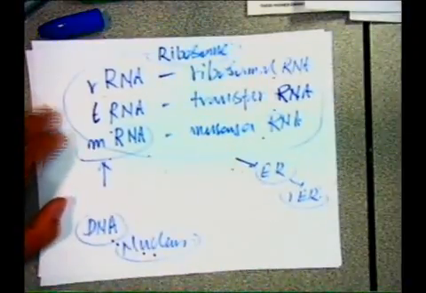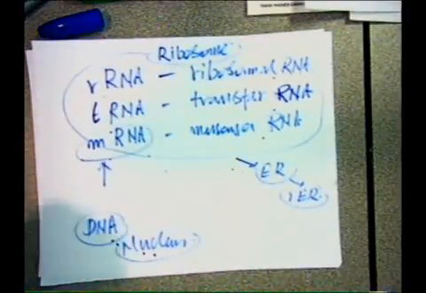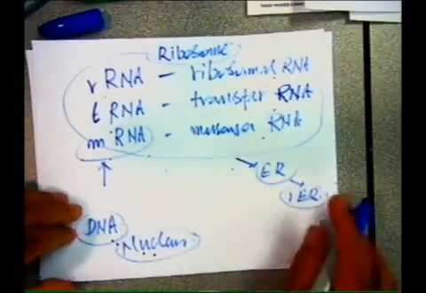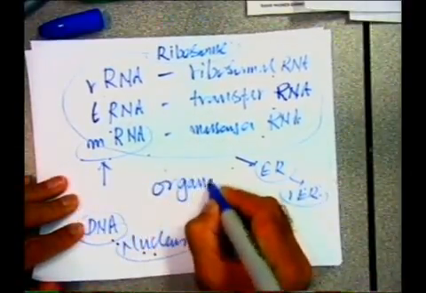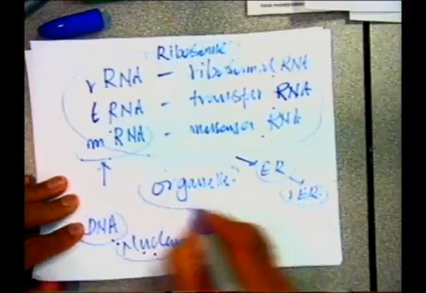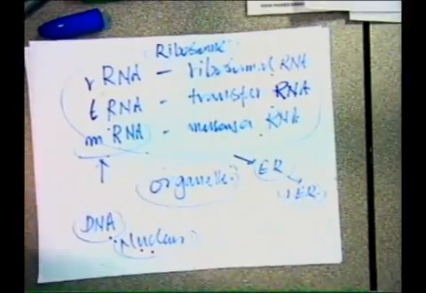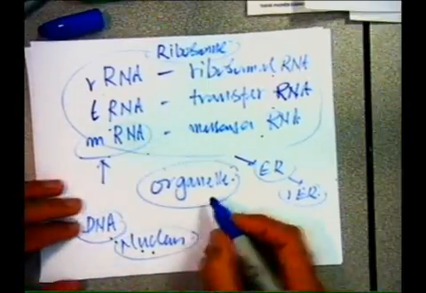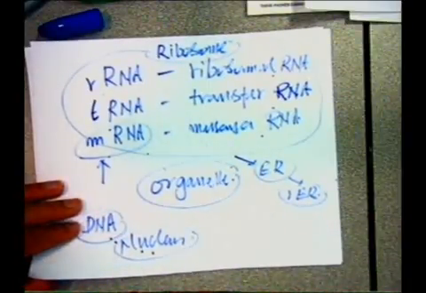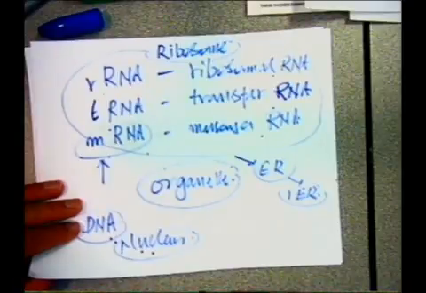Ribosome is an organelle, so you should also understand what an organelle is. Organelle, O-R-G-A-N-E-L. An organ is big, but an organelle is present inside a cell, like the plasma membrane is an organelle.